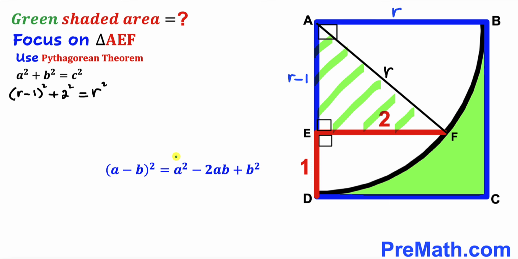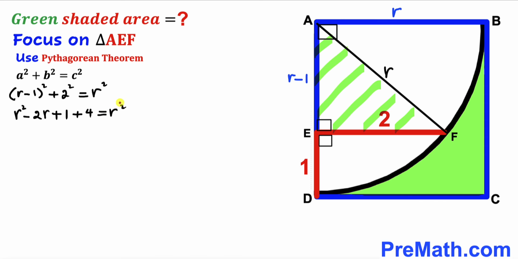Let's recall this famous identity: a minus b whole square can be written as a square minus 2ab plus b square. We apply this identity on the left hand side of this equation, so we get r square minus 2r plus 1 plus 4 equals r square. Now we can see this r square and r square, they are gone.